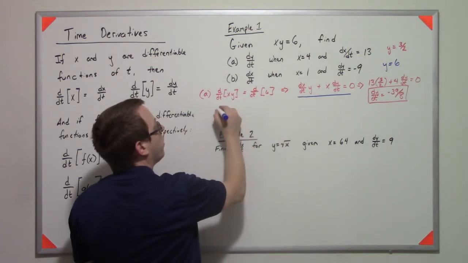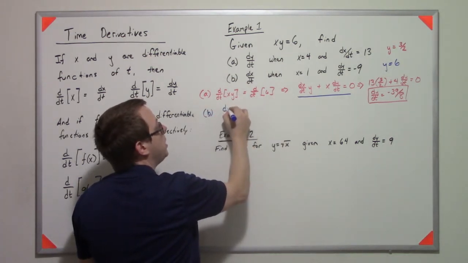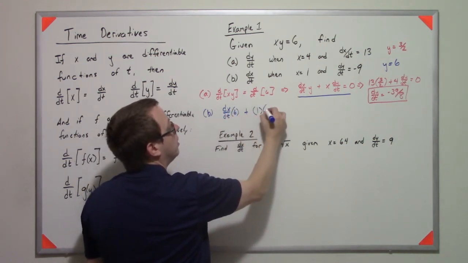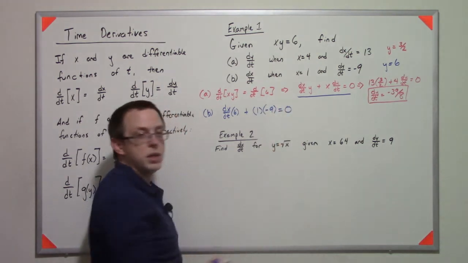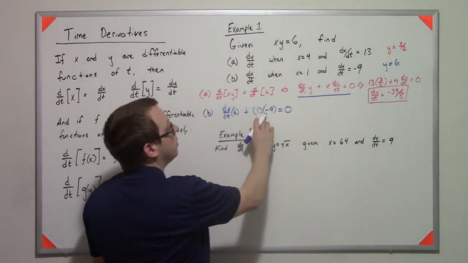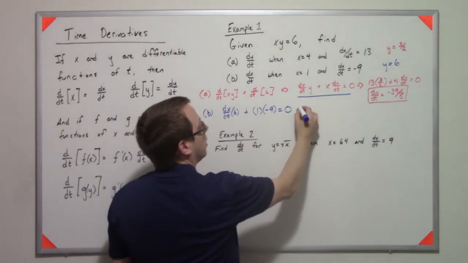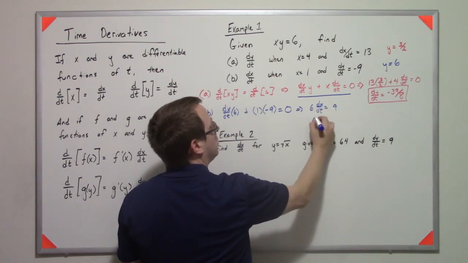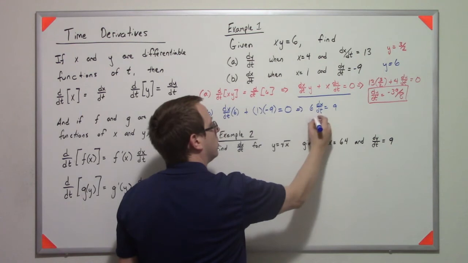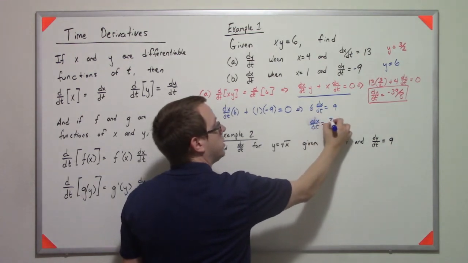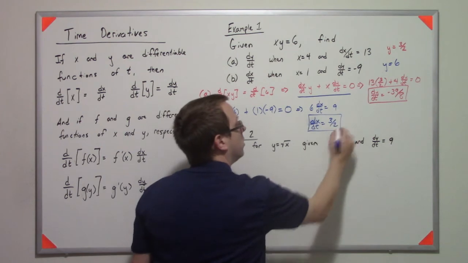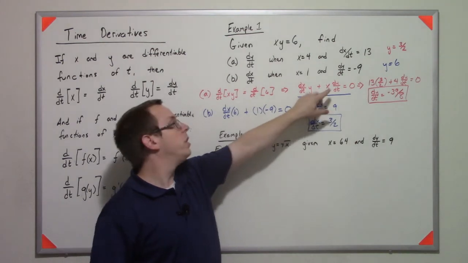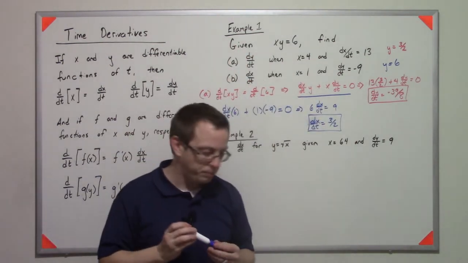So plugging in, I now get dx/dt times 6 plus 1 times negative 9 is equal to 0. So subtracting, I get 6 dx/dt equals 9, or dx/dt equals 3/2. So again, this is really the hardest part. Once you've done this, both of these pieces fall out.